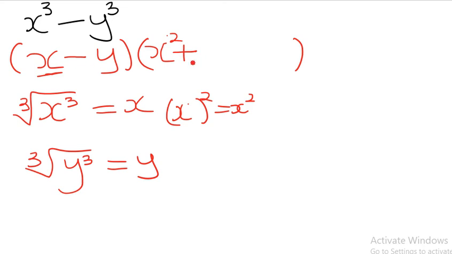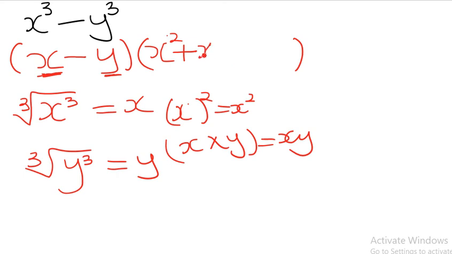Now to get the middle term, we need to multiply x and y. When we multiply x and y, the answer that we get is xy. So there we will have xy. Now to get the next sign here, this one is always positive.